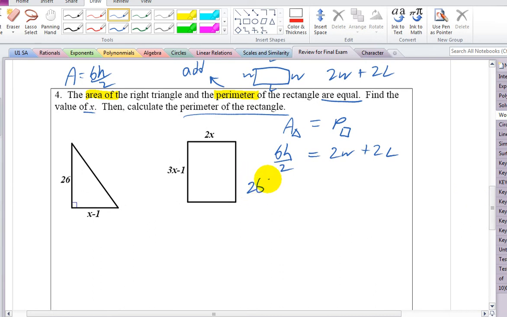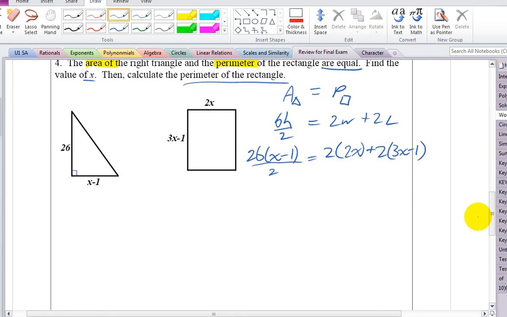So 26 times x minus 1, divided by 2, equals 2 bracket 2x plus 2 times 3x minus 1. To help you out, I would multiply in first. So 26x minus 26 divided by 2 equals 4x plus 6x minus 2.